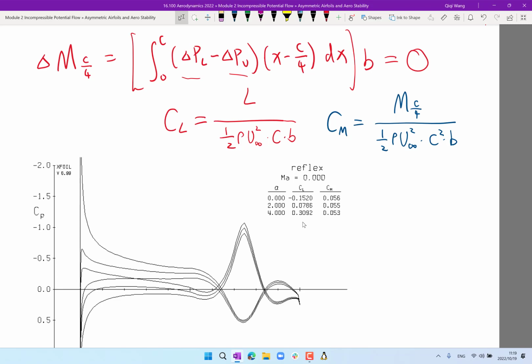That's the convention for the sign of the moment coefficient. Similarly for lift, positive means pointing up, negative means pointing down. Moment, positive is nose up, negative is nose down. Okay, so given these two numbers, is the center of lift upstream of the quarter chord or downstream of the quarter chord?